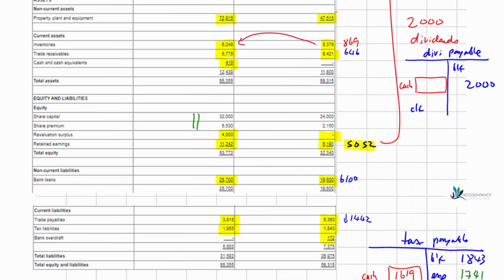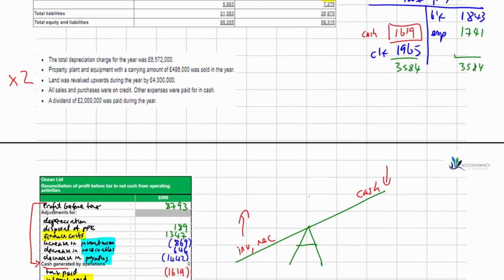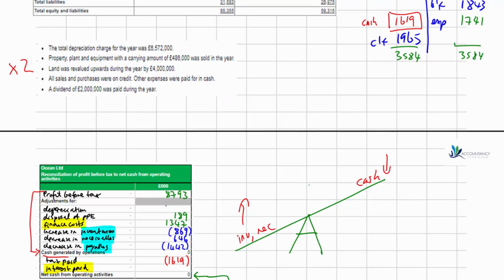Then we need to look at the notes that appear at the bottom of the information given to us. We've got our depreciation charge. Remember, these numbers need to be used twice in our answer. So we've got depreciation of 6572. That is a non-cash expense, so we need to put that at the top of our answer. So we have there 6572.